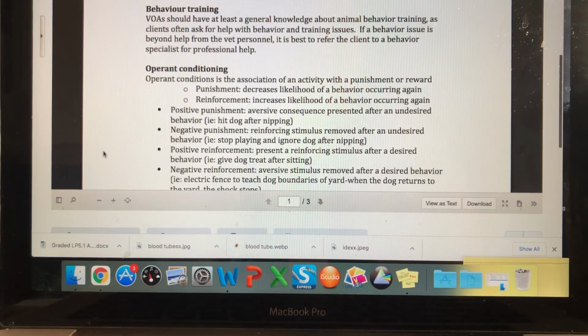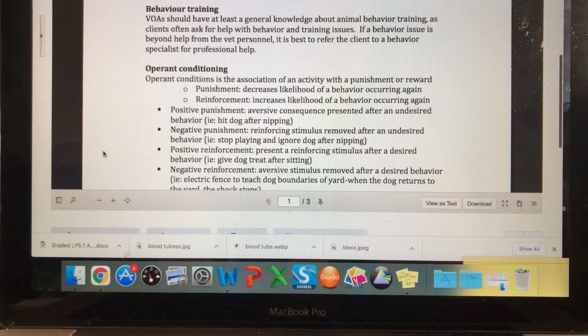But a lot of the time, if it's more specialized questions, like if I have an animal that's really aggressive or something, I'm going to refer that client to a behavioral specialist to help them professionally, because I think a lot of behavior issues go deeper than what we really have the capacity to help the client with in the hospital, okay? So we can definitely help with things like, how do you teach the dog to sit, right? We can help them with things like that.